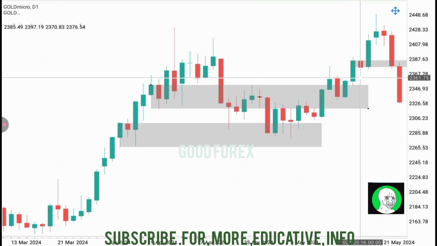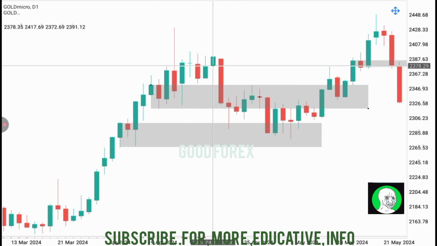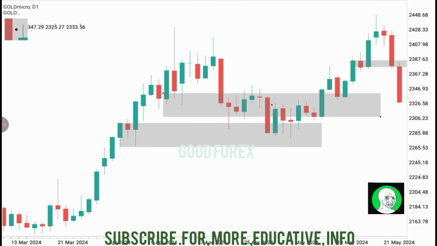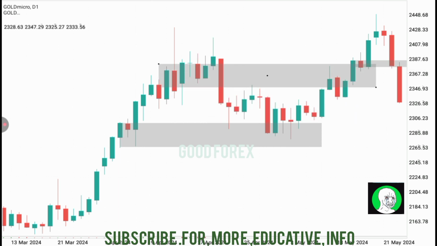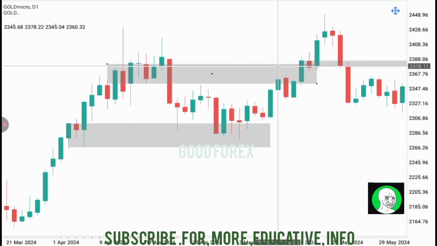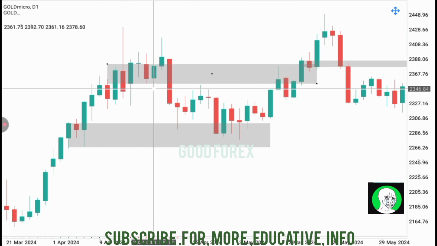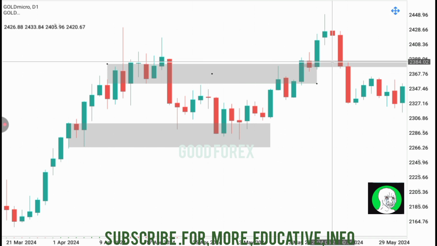So buyers bought and price still came back into this level. Remember I had marked this as a demand zone, but it later on turned into a supply zone. And when price first came here, it did hit this level and then pulled back a little bit. This is also a demand zone, and then price continued buying.